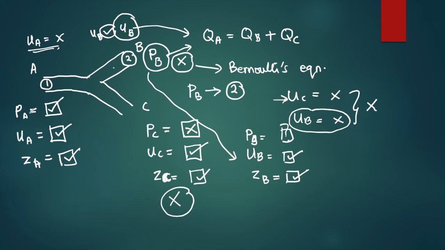Maybe you might ask me, why do we have to check pressure, velocity, and Z? These are the energy terms in Bernoulli's equation. If we do not have one of these, then we cannot solve Bernoulli's equation.